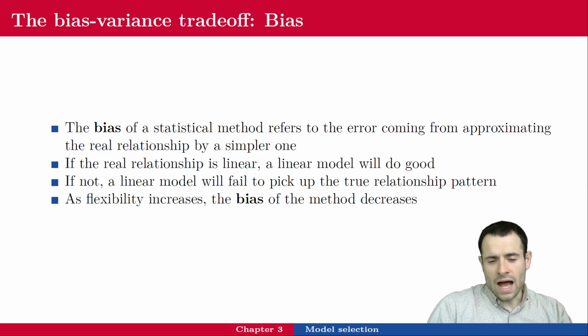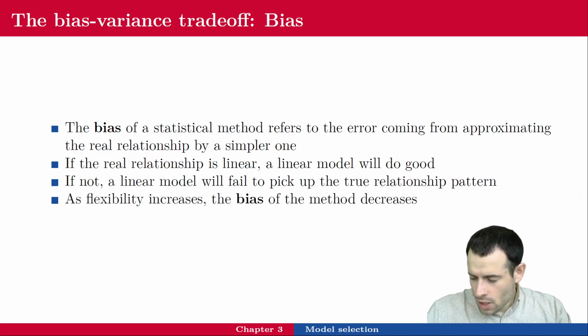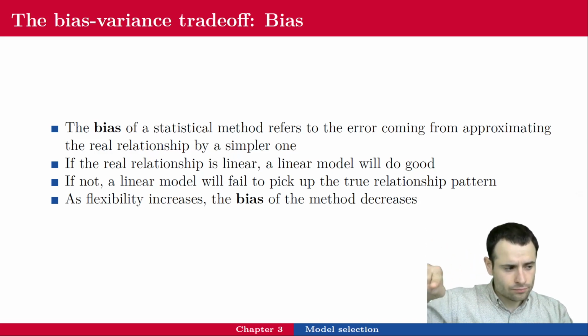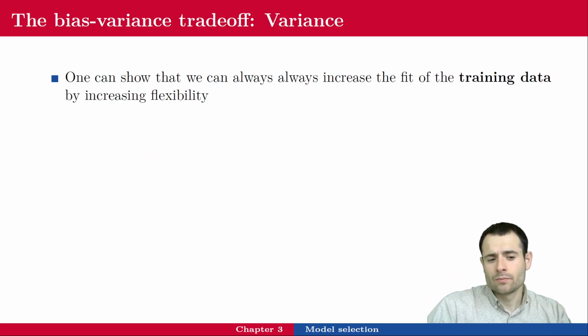For instance, adding x squared or x3 to the regression is more flexible than just sticking to x. The more flexible the method, the more it will go through points in your data. So the bias of the method will decrease.